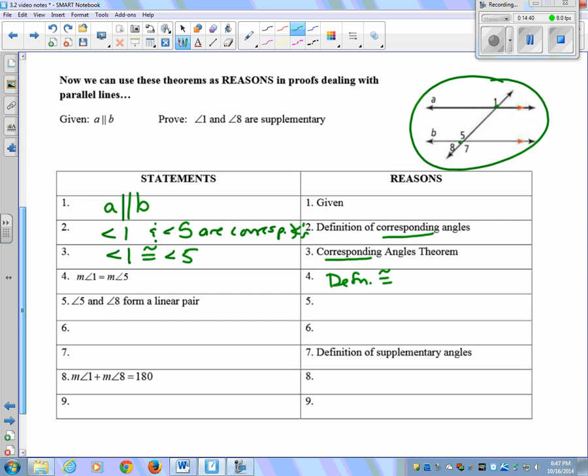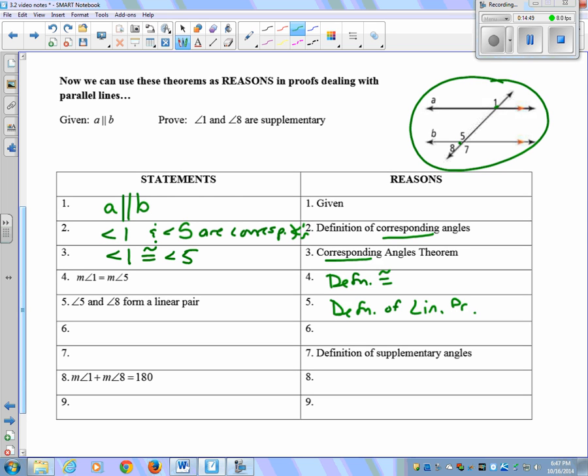And we can say angle 5 and angle 8 form a linear pair just by looking at our diagram, definition of linear pair. Remember what our next logical step is? Angle 5 and angle 8 are supplementary by the linear pair postulate. Measure of angle 5 plus measure of angle 8 equals 180 by definition of supplementary.